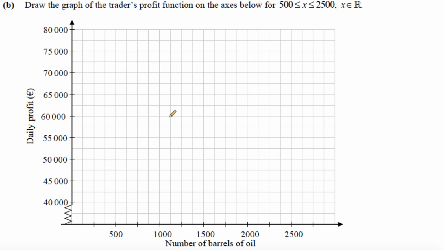Okay, part B says draw the graph of the trader's profit function on the axes below, where for X between 500 and 2,500. So here's 500 and 2,500. So just in this window here, we're going to plot these values. So you're going to plot the values from the table, because this graph here has the profit up the side, the P value, and the number of barrels X across the horizontal axis.